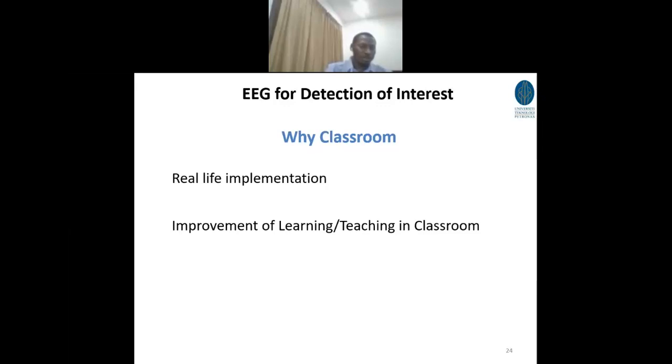So then we need to extend and look at the ways of implementing. It should be something very easy to implement, and it should be robust in the sense that even if you are in a classroom, you may have a lot of noise, but at the end we still want to get the main signals. That could be useful, as I mentioned just now, in terms of improving learning or teaching in the classroom.